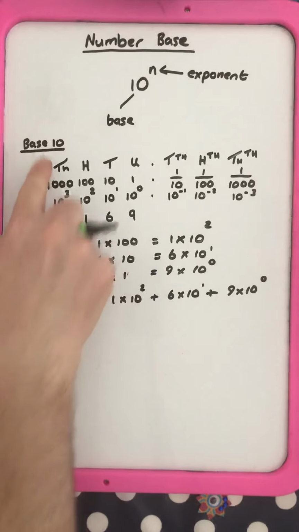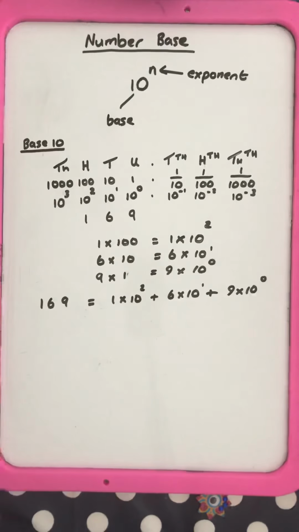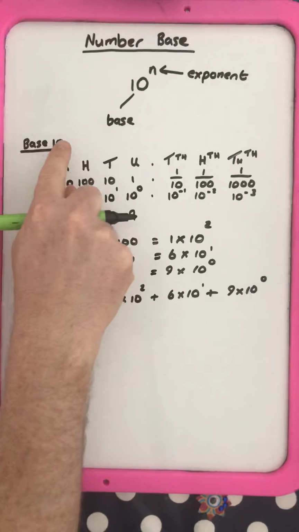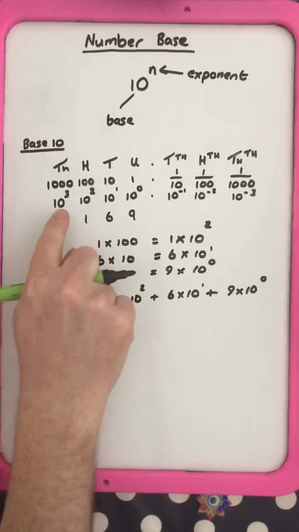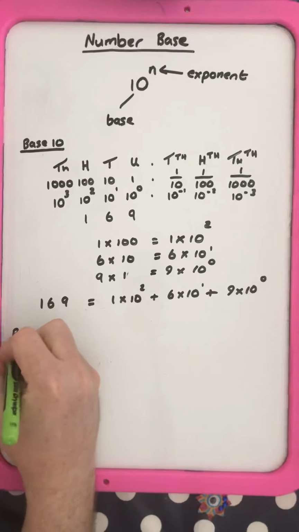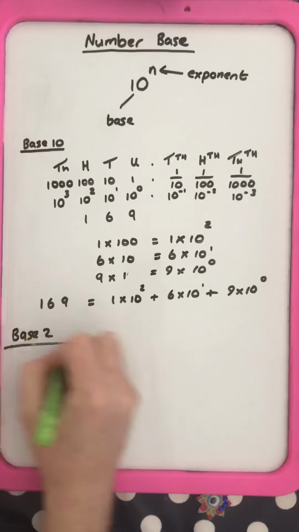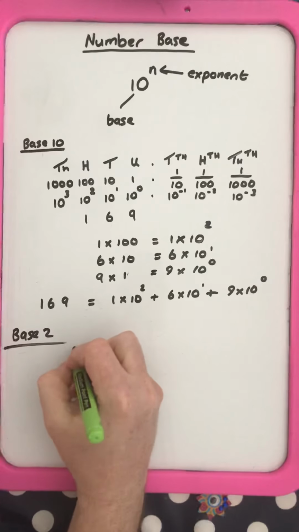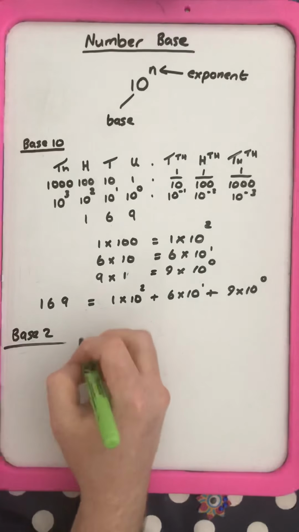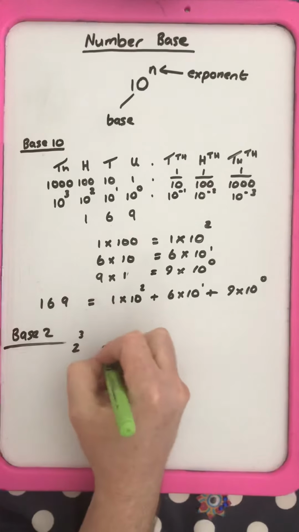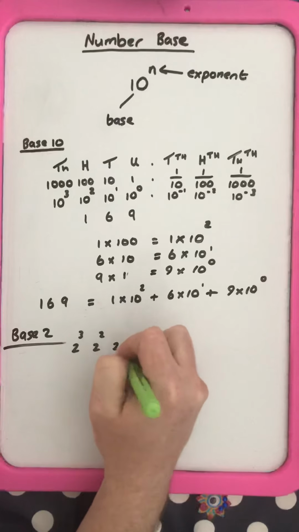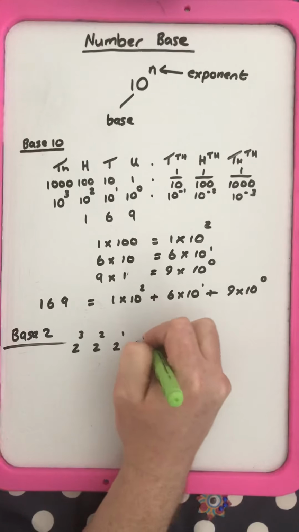Now we could continue this on with different bases. If we went into base 2, say, then the base would change. Okay, so instead of 10 cubed, we would have 2 cubed, 2 squared, 2 to the power of 1, 2 to the power of 0.